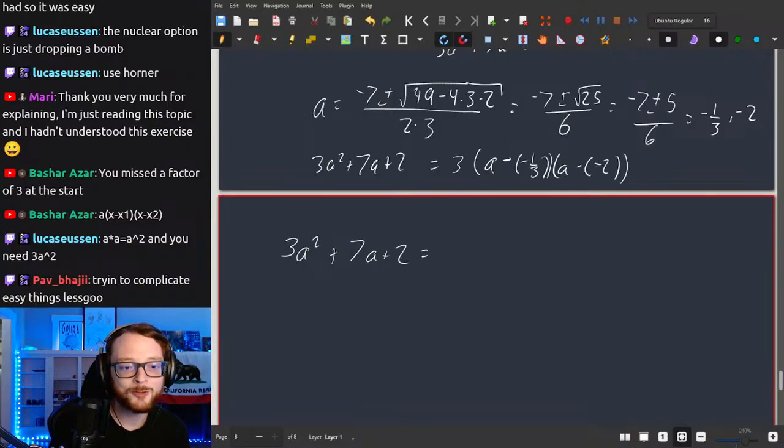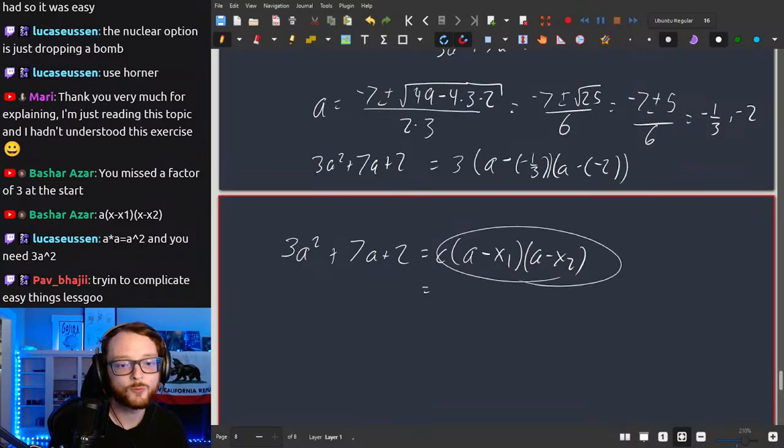We know that any quadratic can factor as some number c times a minus one root times a minus the other root. And so what I can do is multiply this right side out.